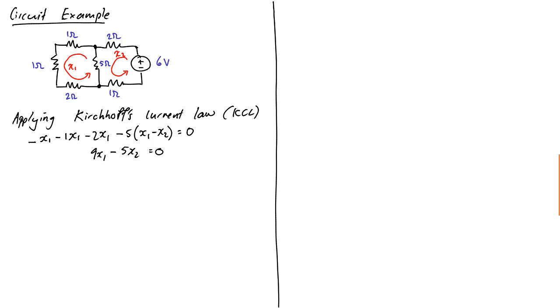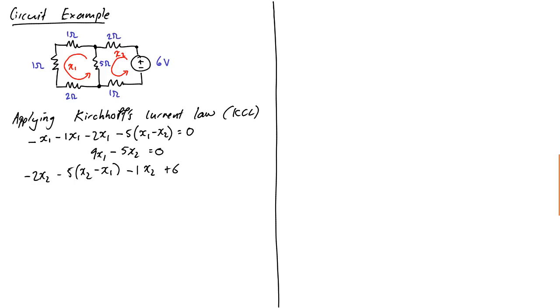Okay, for the second loop, we choose a point and we follow the current around. I'll start from up here. I get minus 2x2 minus 5, this time it will be x2 minus x1, minus 1 x2, plus 6 equals 0.